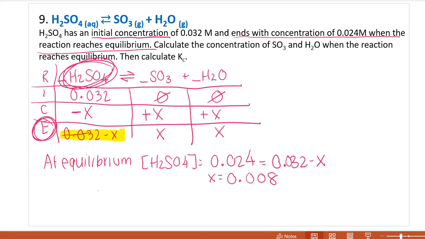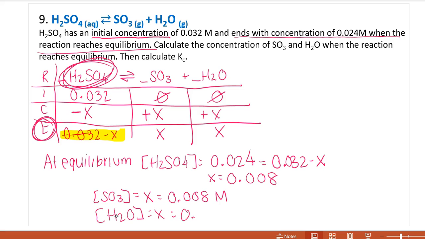All right, once we solve for X, we can now solve for our remaining concentrations. In this case, both concentrations of the products are going to be equal to X, so their concentration is 0.008 molar. All right. So I solved for the concentration of sulfur trioxide, solved for the concentration of water. Last thing is we need to solve for our equilibrium constant.